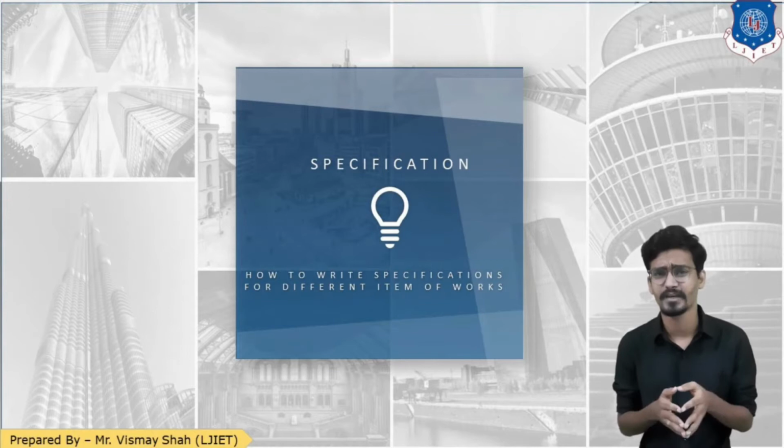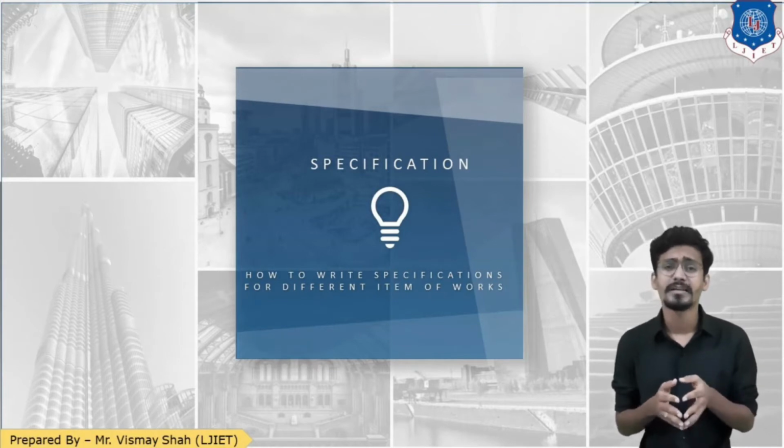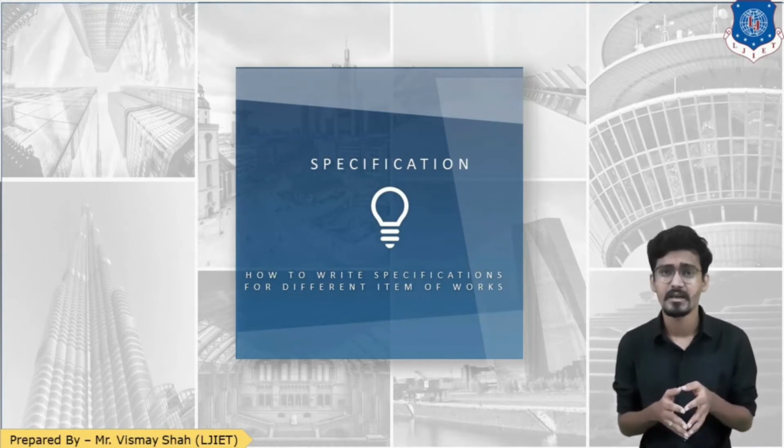So what was specification? As you already know, specifications are the document prepared to specify the quality of material, quality of workmanship, method of preparation of an item, and other details which cannot be shown in the drawings and which are required to complete a project in accordance with certain details.